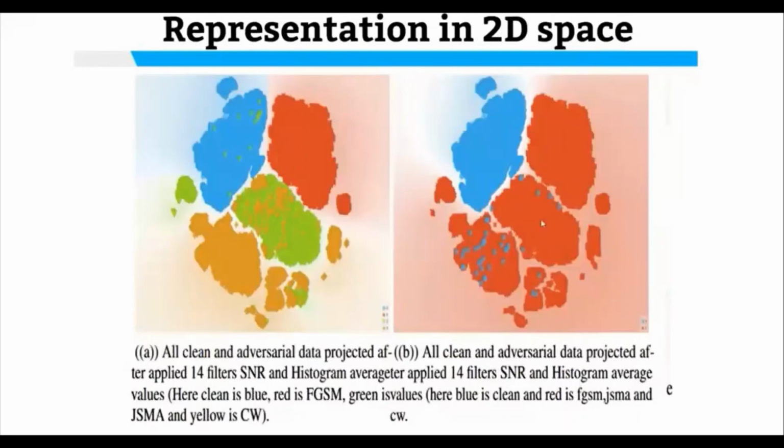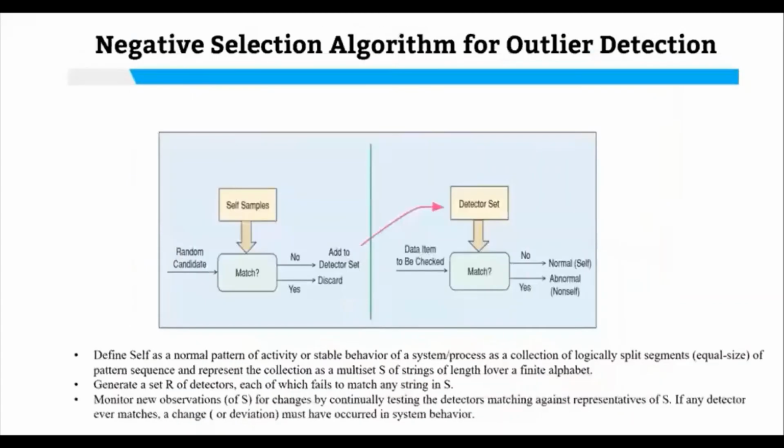So for outlier detection, we are assuming that we only have knowledge of the clean data. We don't have any knowledge of the attacks. So we used a one-class classification technique, and we picked the negative selection algorithm. In the simplest terms, suppose you are building a classifier to classify a dog.